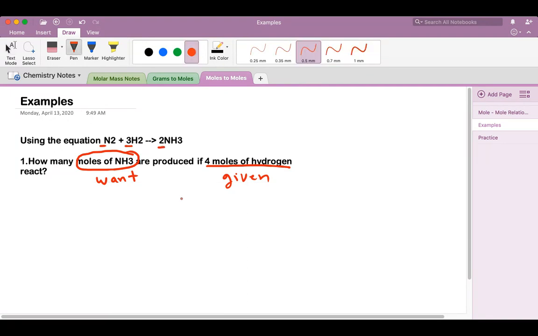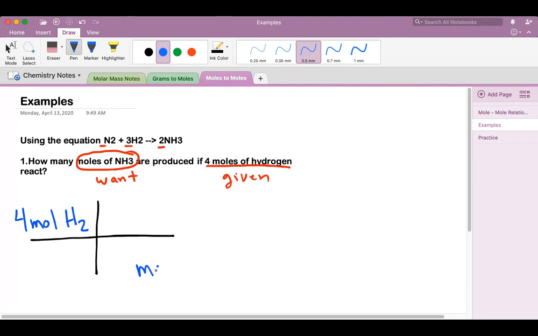Okay. So let's go ahead and let's set it up. So my given was 4 moles of hydrogen. As soon as I write the unit at the top, write the unit at the bottom. Next, I want to know moles of NH3.